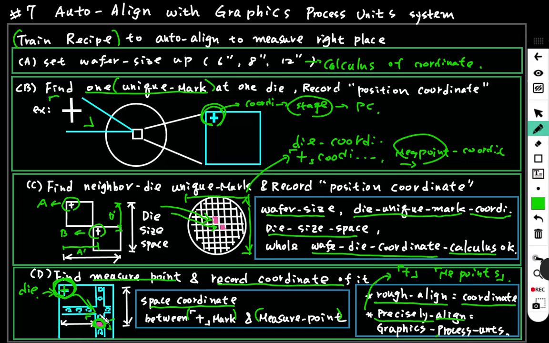Then you move to the measure point. Also use the coordinate for rough align and use the graphics process units to do the precise align again.